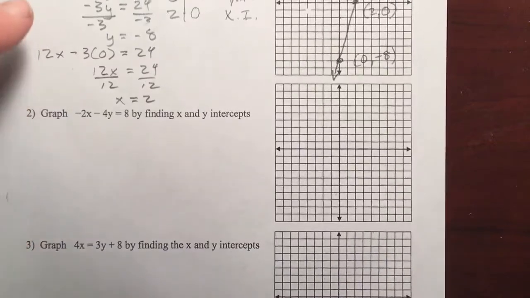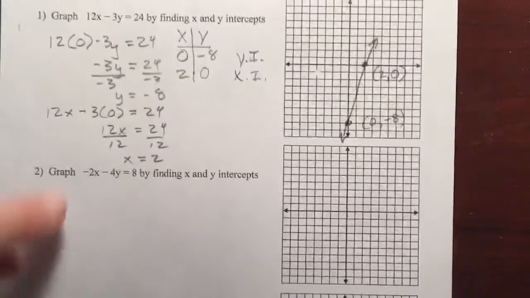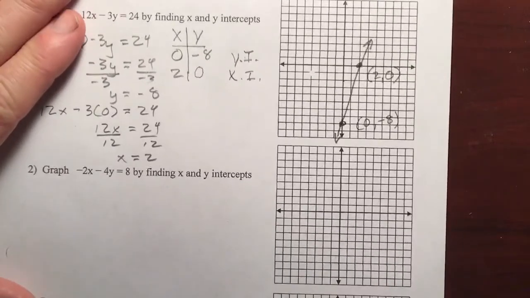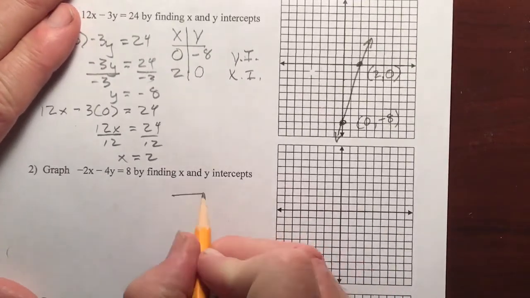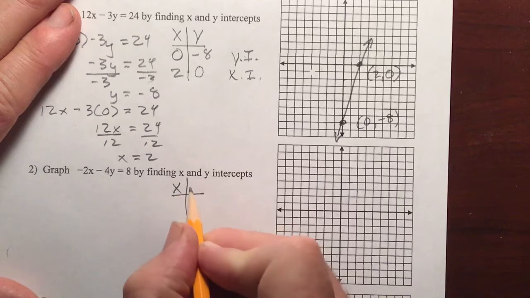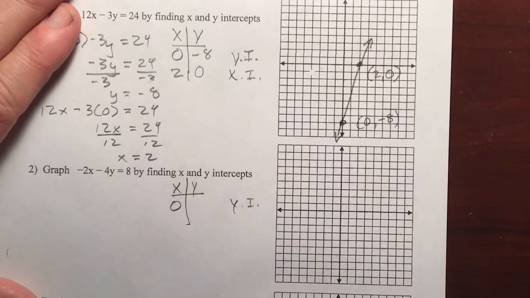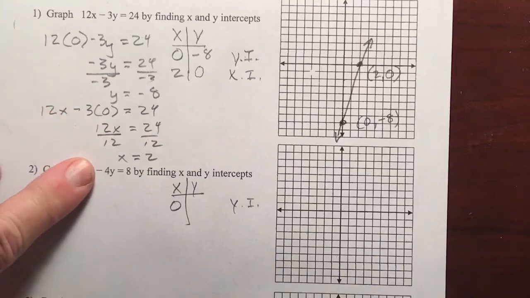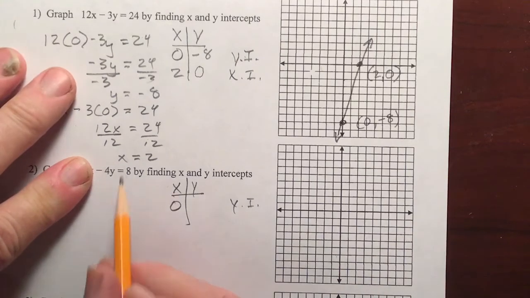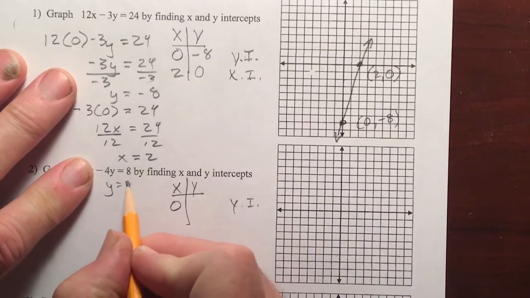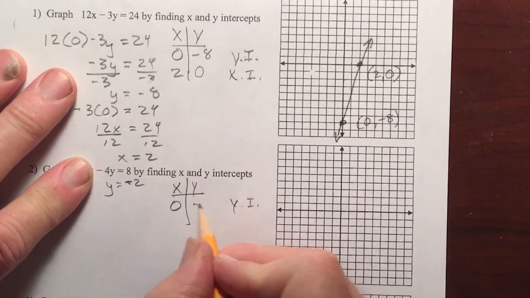There's a really easy way to do these. I plugged the numbers in up here and then did the math, but there's an easier way. You make your little table like we did before, and you put 0 in for x. That's going to be your y, and all you have to do is put your finger over the x term. Now you've got negative 4y is equal to 8. Divide both sides by negative 4, and you get y is equal to negative 2. Boom, done.